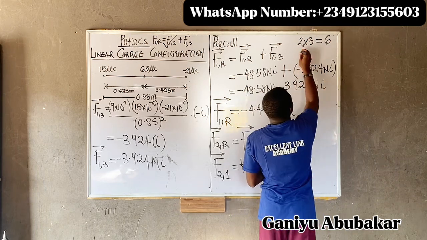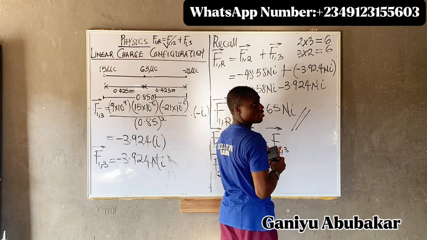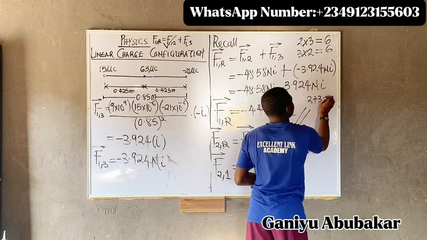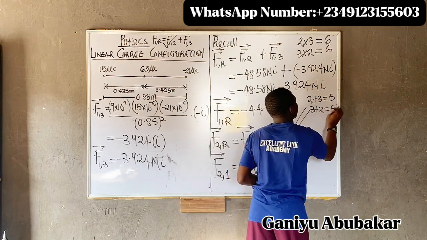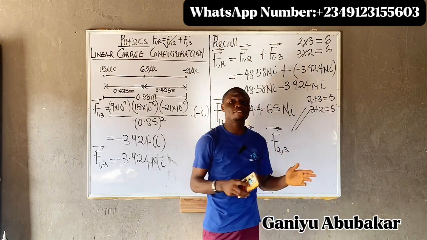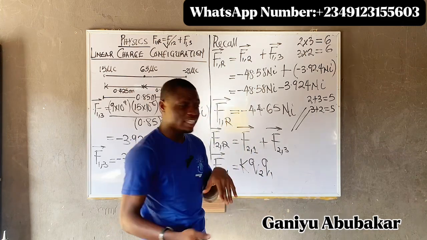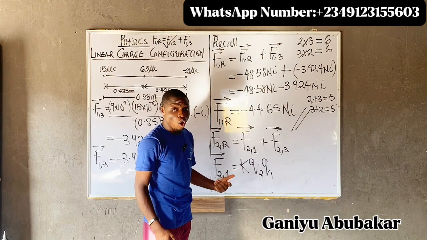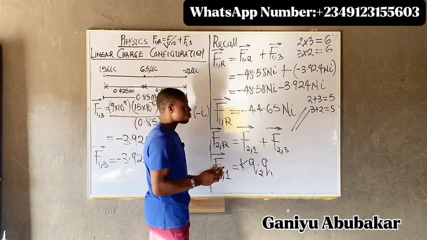If I swap it, 3 times 2, I still have that same 6. Let's say I have 2 plus 3. This gives 5. 3 plus 2 gives 5. So when it comes to times and addition, irrespective of the position of the numbers, it gives you the same answer. So I can either put Q1 here and Q2 here, or follow the pattern, that's Q2 before Q1.